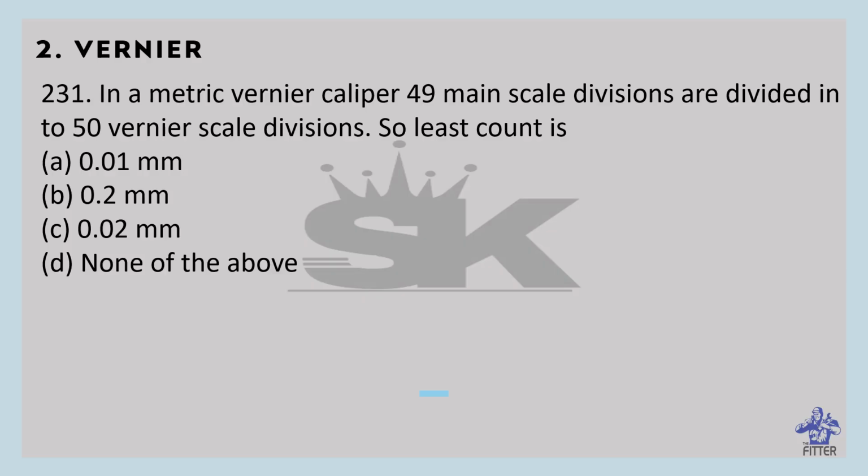One division on the main scale is 1 mm, and 50 divisions on the vernier scale equal 49 divisions on the main scale.